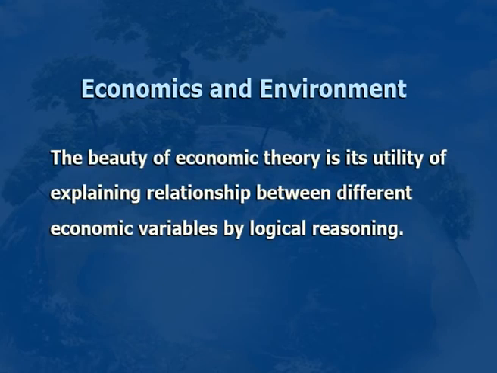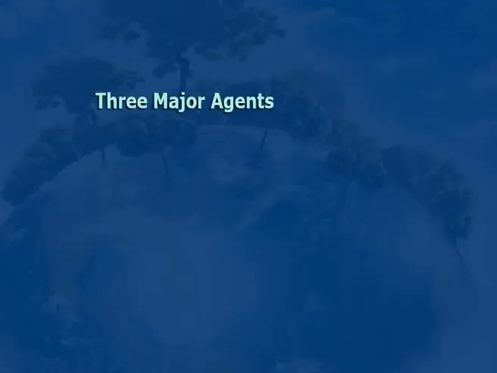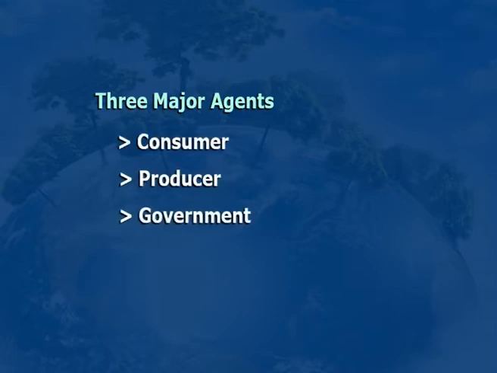The beauty of economic theory is its utility of explaining relationship between different economic variables by logical reasoning. Methodologically, the deductive reasoning of its approach enables us to see that in reality, in an economic system, 3 major agents, consumers, producers and government, act, react and interact.